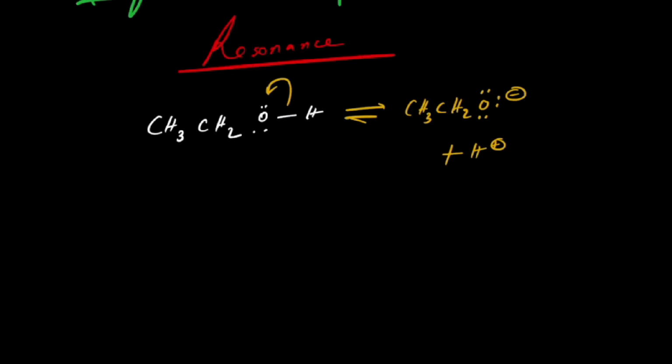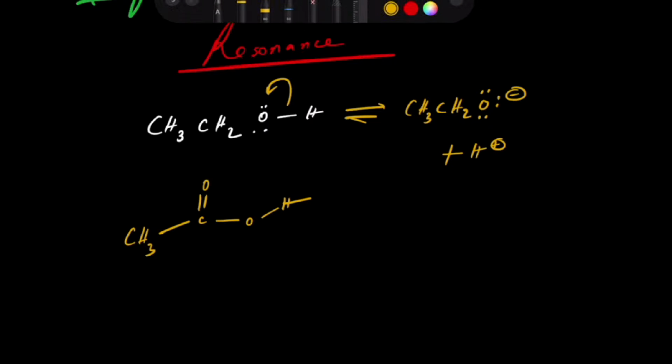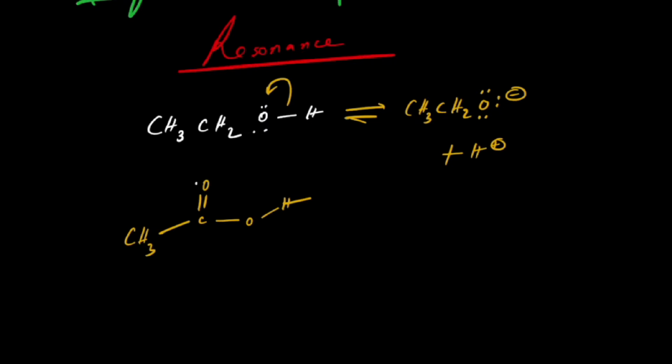Fine, well and good. I'll draw one more structure, which is the structure of acetic acid. I'll draw in a little bit of detail. So this hydrogen I'll draw with a bond, just to show clearly. So what happens here? Here we have two lone pairs. Here you have two lone pairs.